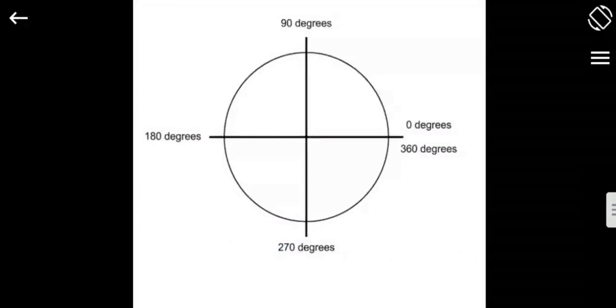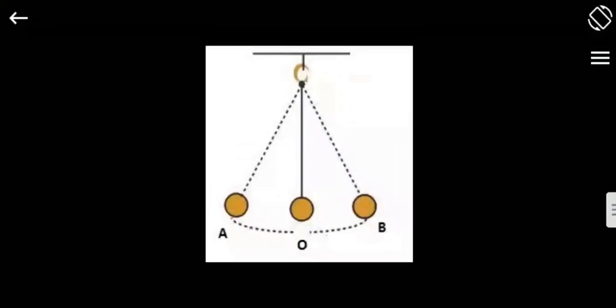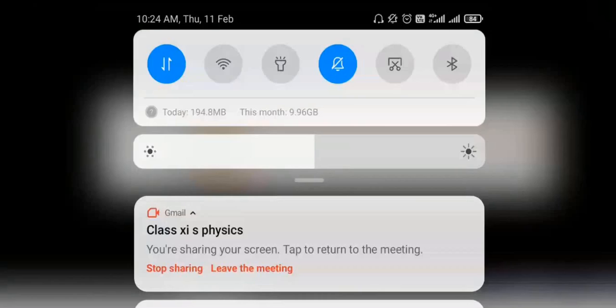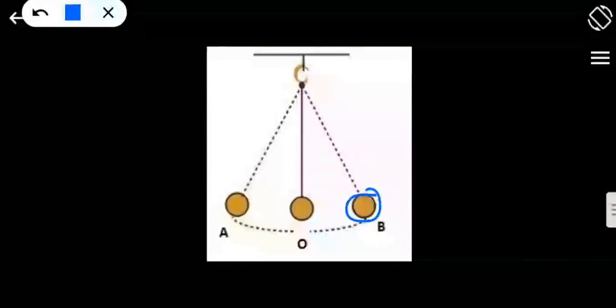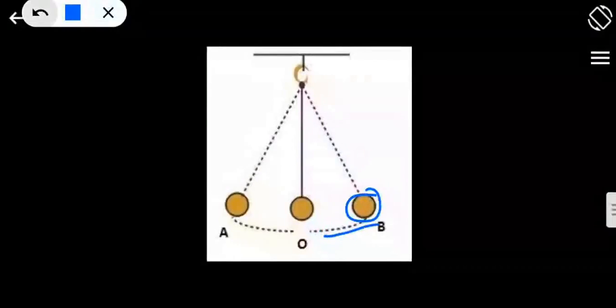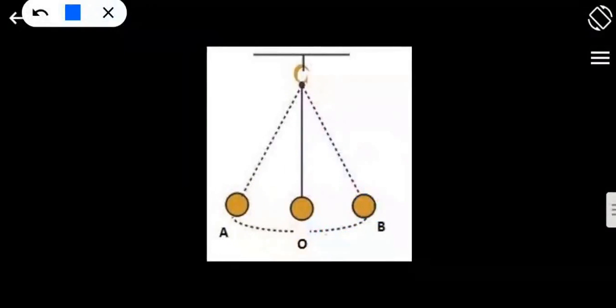And now let us see which force is making this pendulum come to this position. Which force is acting on this pendulum to bring it to this position? We are taking this pendulum from the mean position to the extreme position, point B, like this.